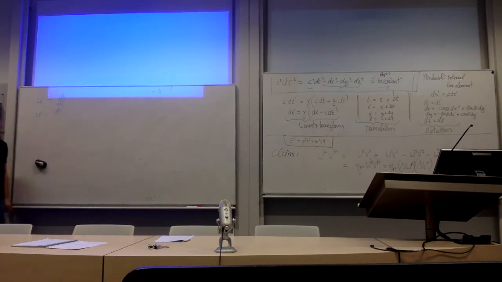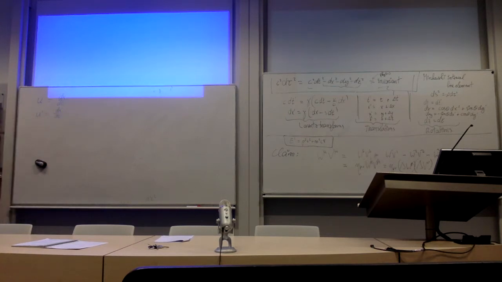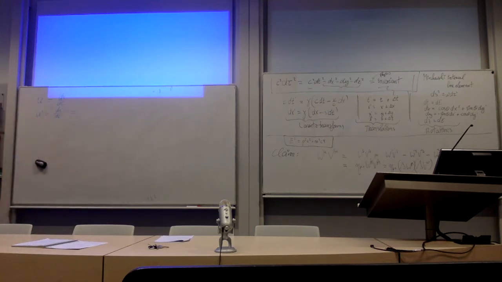How many meters he sees the bottle flying by, dx primed, divided by how many seconds that takes for him, dt primed. If this were classical mechanics, this dt would be dt primed. It isn't. It's relativity, and one guy's dt is not the other guy's dt.